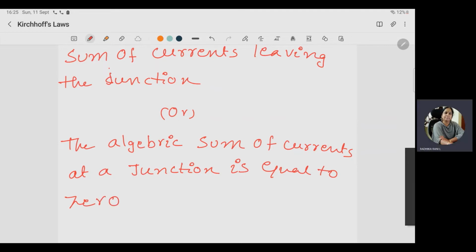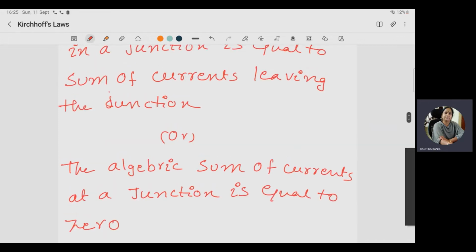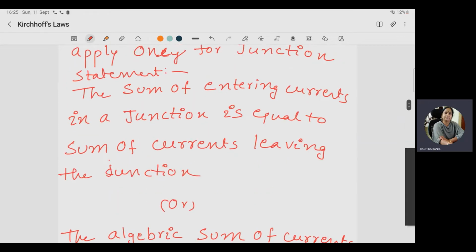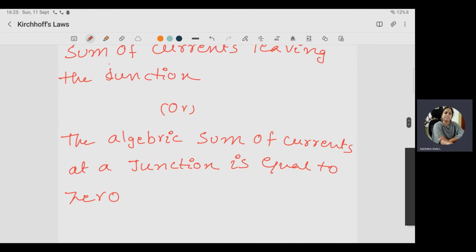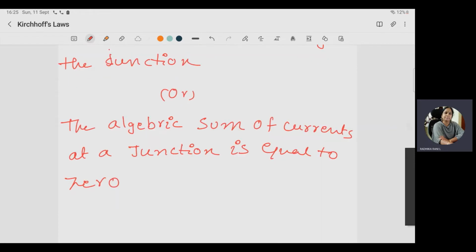These are the two statements of Kirchhoff's law. Anyway, you can mention either one.